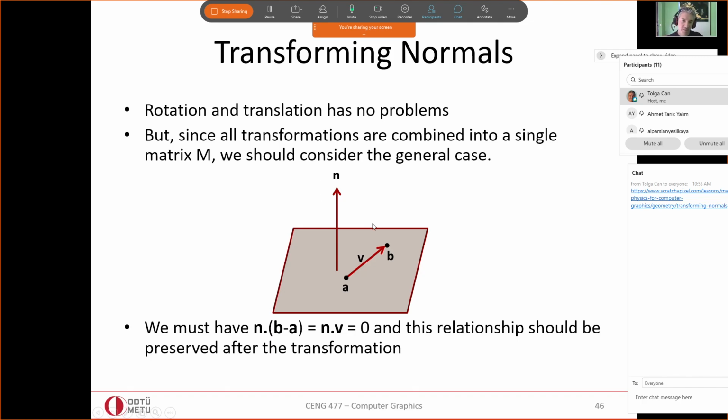Now, the normal vector's main property actually also comes from the plane equation: given any 2 points on the plane, the dot product of the normal vector with b minus a, which is this v vector, should be 0. That's what a perpendicular, an orthogonal vector, should have, this property, the dot product being 0.